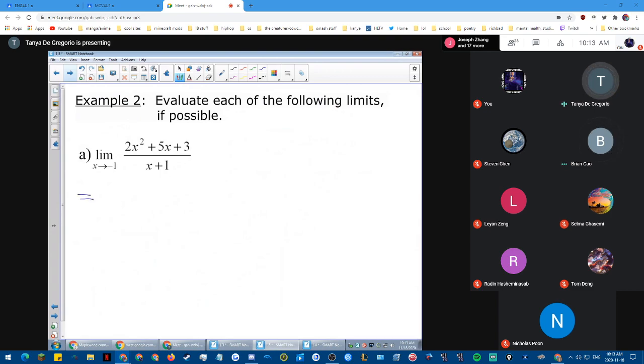Factor. Yeah, you're going to factor it. So everybody go ahead and factor it. Use your product and sum, or use your crisscross. Use whatever you want. Tell me what the factors are.